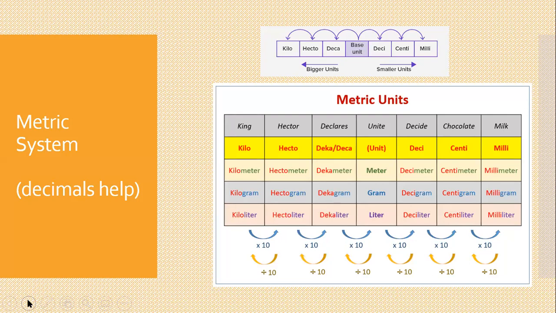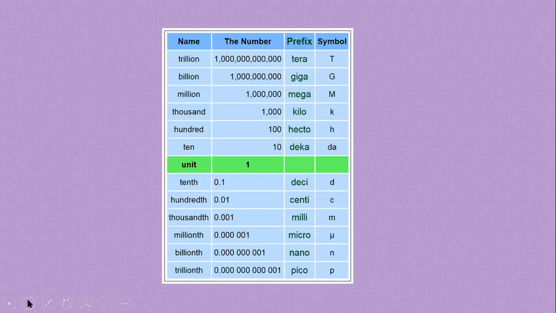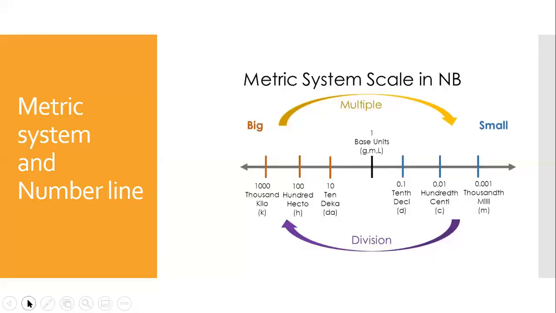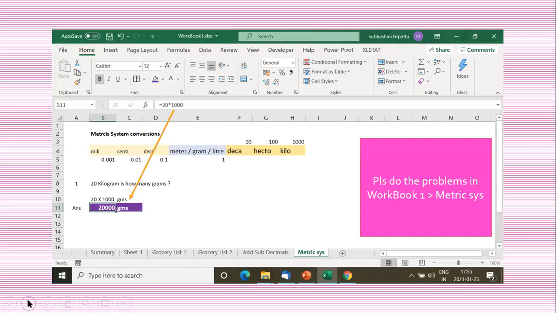So from a gram, 1 by 10 is decigram, 1 by 100 is 1 centigram, and 1 by 1000 is 1 milligram. So we had learned that from the base unit on the left side, it is a multiplier of 10, and from the base unit to the right side, it is a divider by 10. This is a small chart we all had seen.